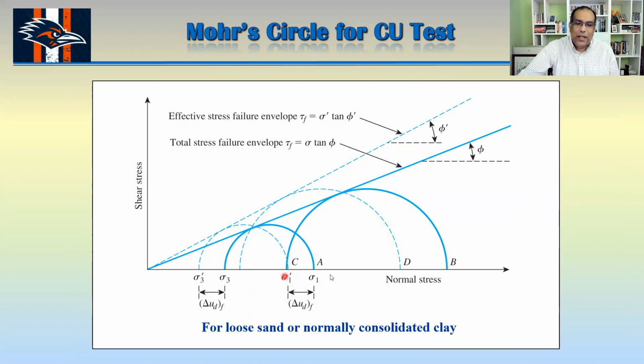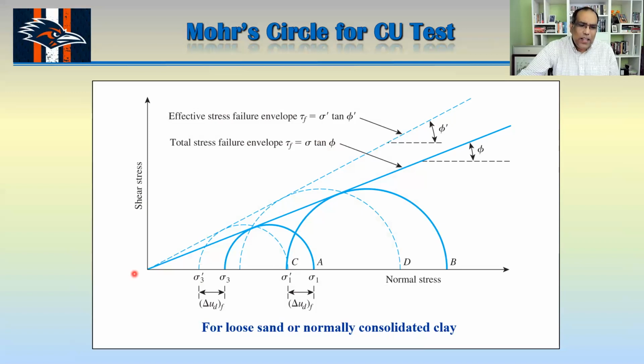That's actually your effective stress. So effective stress plus pore water pressure is your total stress, right? So this is your total stress. If you subtract the pore water pressure, that's your effective stress. So if you draw that line, this is in terms of total stress. And if you draw that dotted line, this is in terms of your effective stress.